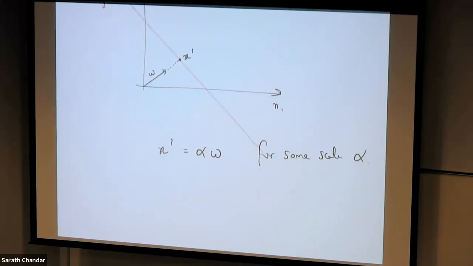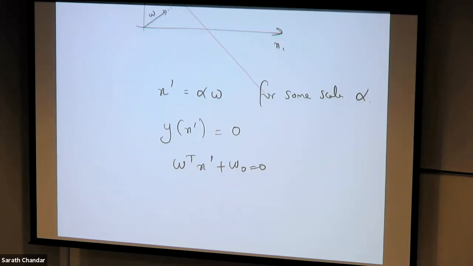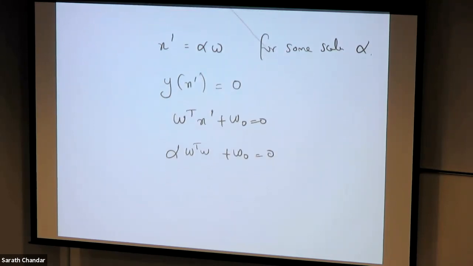Now, we know that x dash is on the decision surface. So that means that y of x dash is going to be 0, right? Or in other words, W transpose x dash plus W0 is going to be 0, okay? And we already know that x dash is alpha times W. So alpha times W transpose W plus W0 is going to be 0, okay?